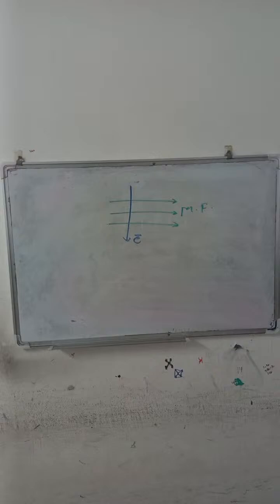What is Fleming's left hand rule? Take the first three fingers of your left hand: thumb, index finger and middle finger. The middle finger always gives the current, the index finger gives the field, and the thumb gives the motion. Okay?